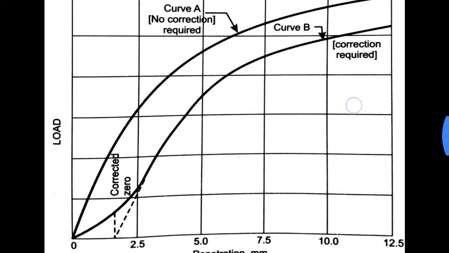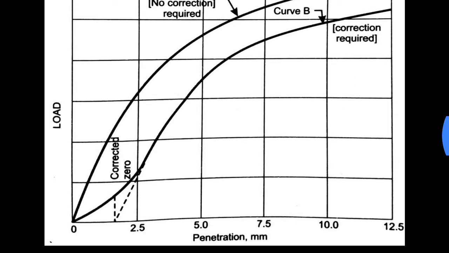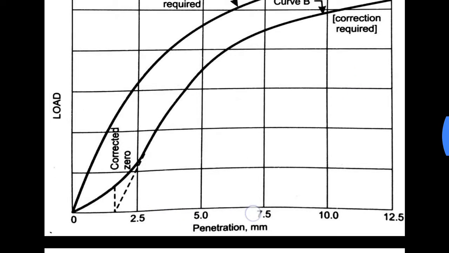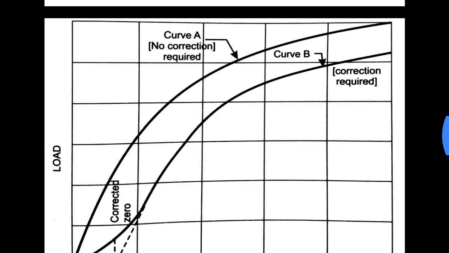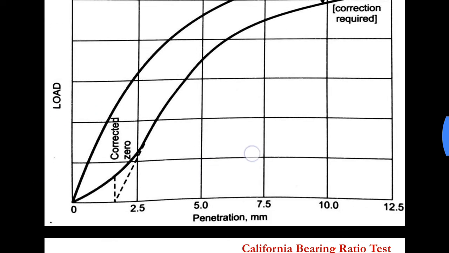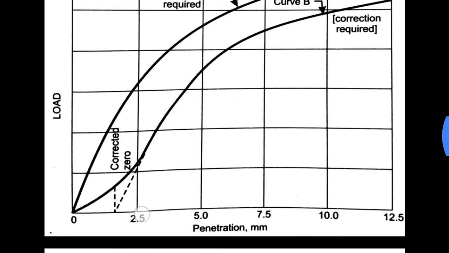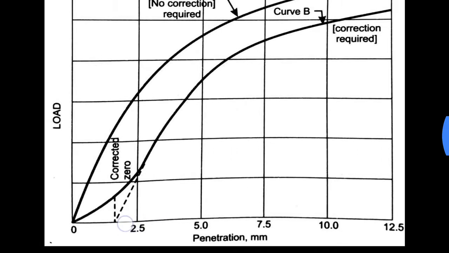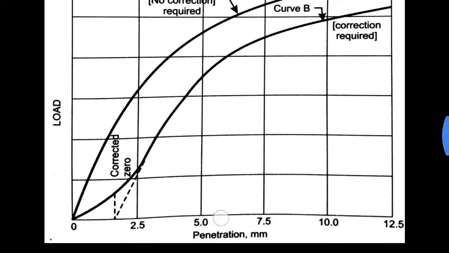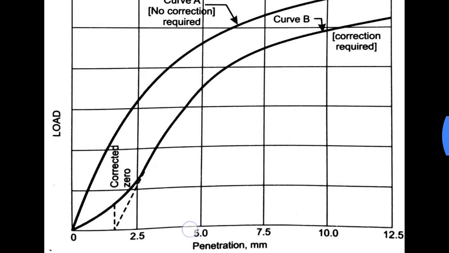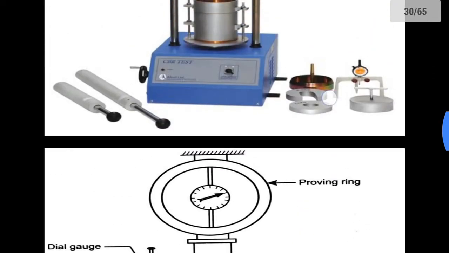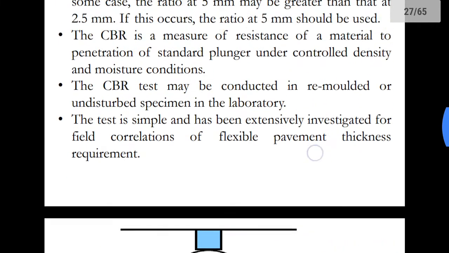This here is a graph of load versus penetration, with penetration on the x-axis and load on the y-axis. Later on we obtain the load values for 2.5 mm penetration and then the load values for 5 mm penetration. Those values are used in order to calculate the CBR.